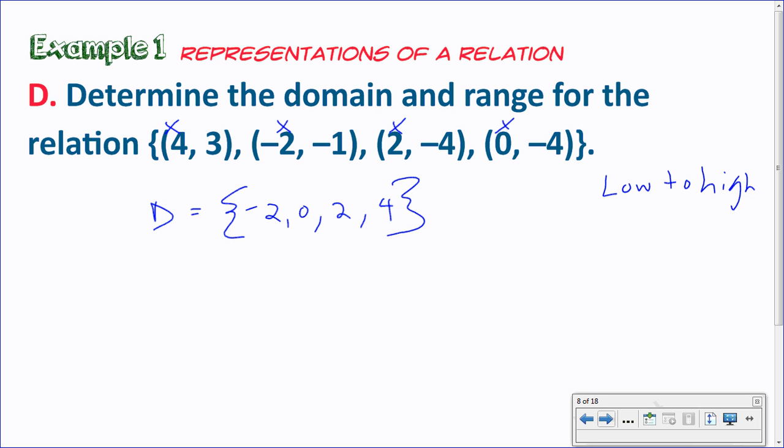Okay, how do I do the range? No question. Same way. R equals subset. Okay, now, do I list -4 twice? No, not in this you don't. -4.